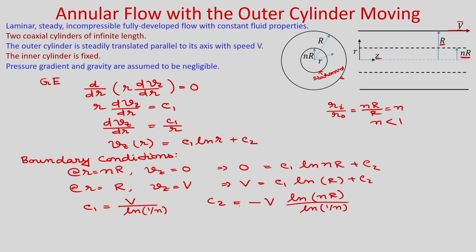If you put these constants in the velocity distribution, you will get vz is equal to v ln of r by nR divided by ln 1 by n. This is the velocity distribution.